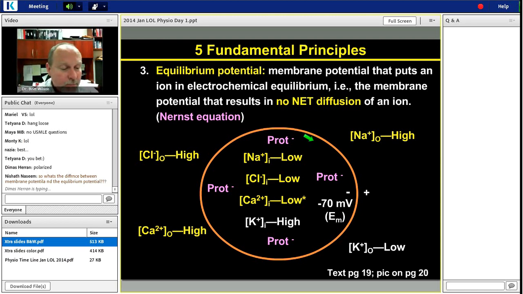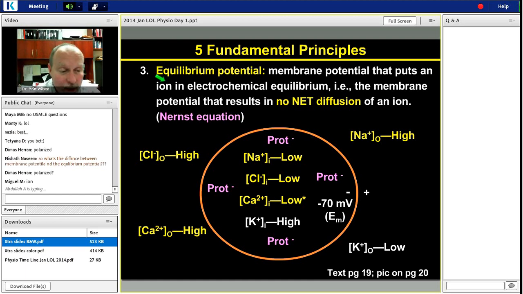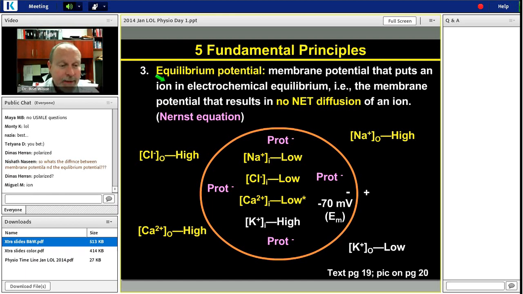The difference between membrane potential and equilibrium potential: equilibrium potential refers to the specific ion. Each ion has its own equilibrium potential. And guess what? You can calculate it. Nernst equation. Math!